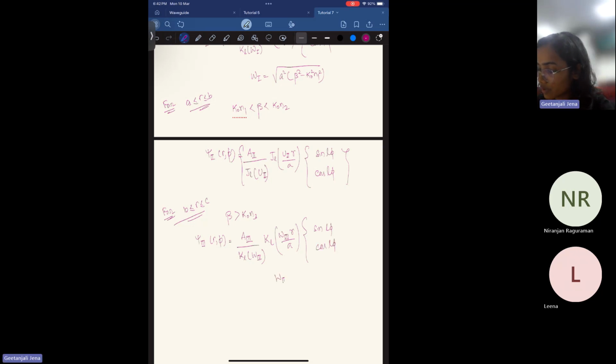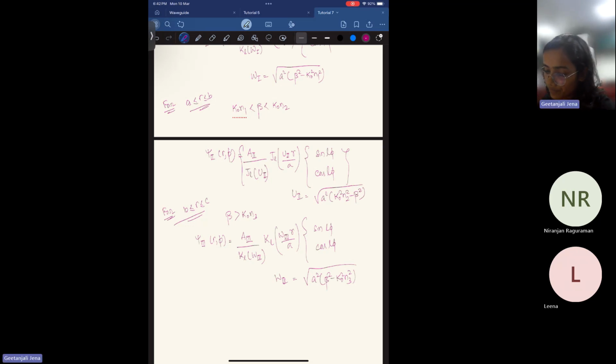So W3 would be square root of A square beta square minus K0 square N3 square. Similarly here U2 would be square root of A square K0 square N2 square minus beta square, right?